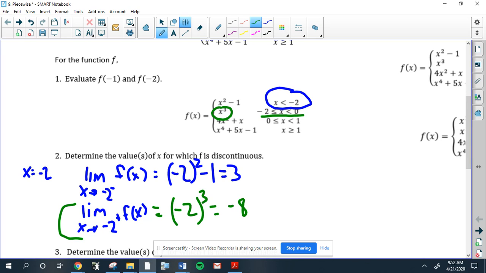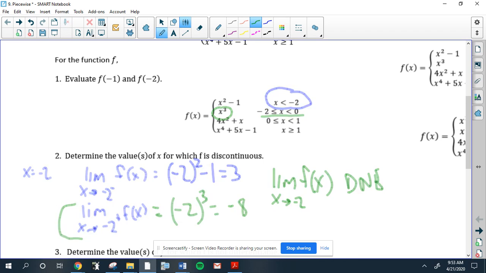Now, since these limits aren't the same, that means the limit as x approaches -2 of this function does not exist, which means it's not continuous, because one of the big things with continuity is the limit must exist. So it's discontinuous at x equals -2.